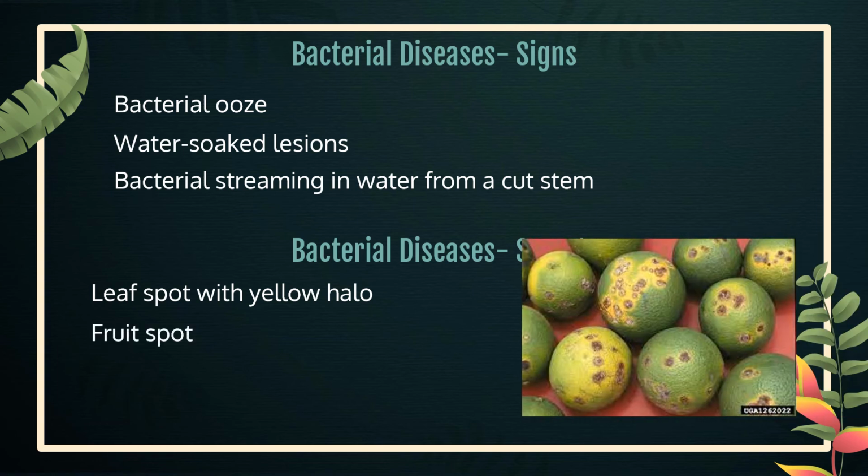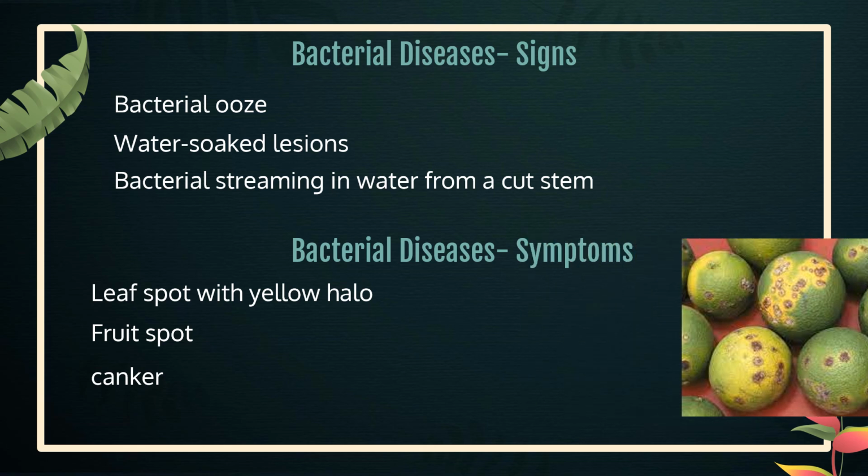Some of the common symptoms of bacterial disease we can witness in our day-to-day life is canker. It is commonly referred to as citrus canker because on some citrus fruits we can spot yellow and brown spots on the surface.